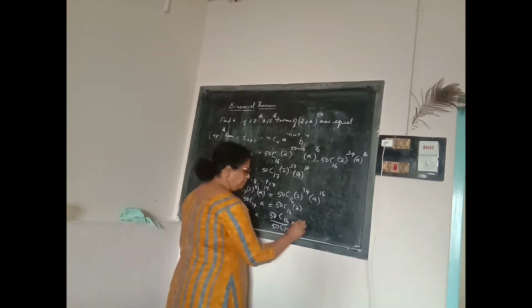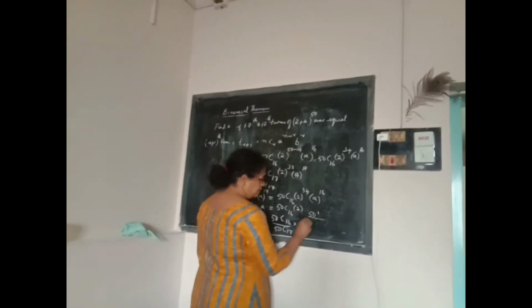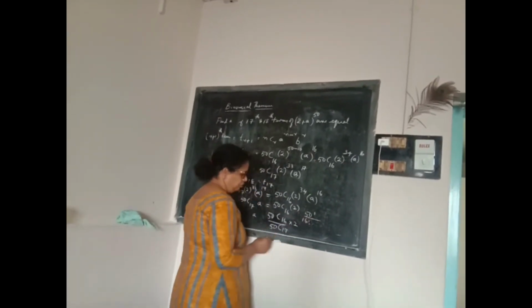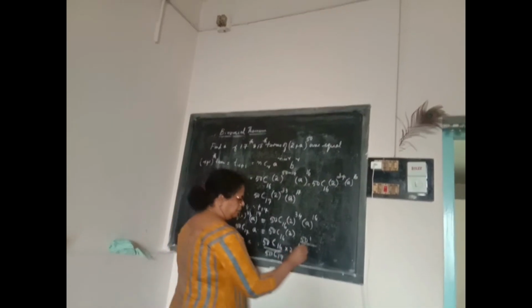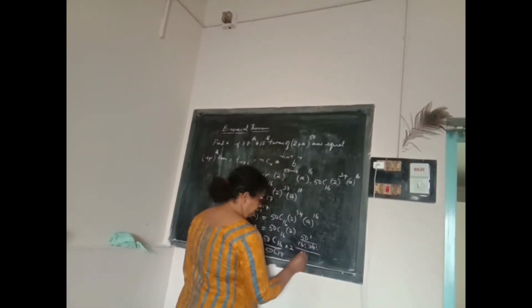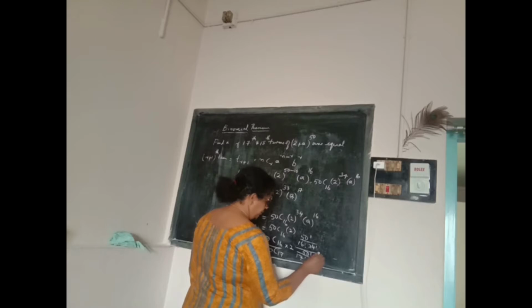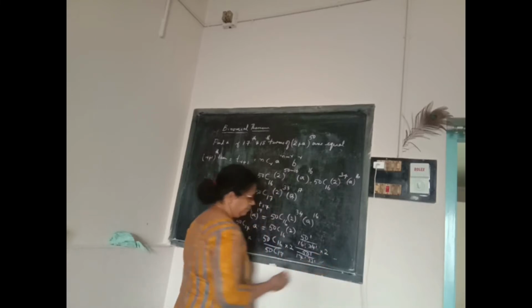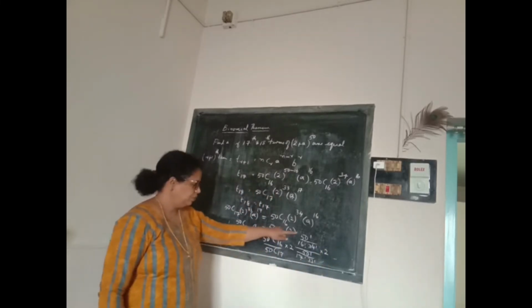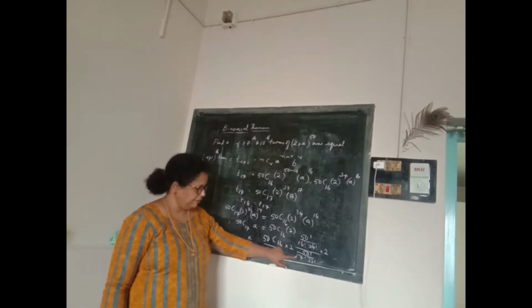50C16 means 50 factorial over 16 factorial times 34 factorial, divided by 50 factorial over 17 factorial times 33 factorial, times 2. The 50 factorial cancels.